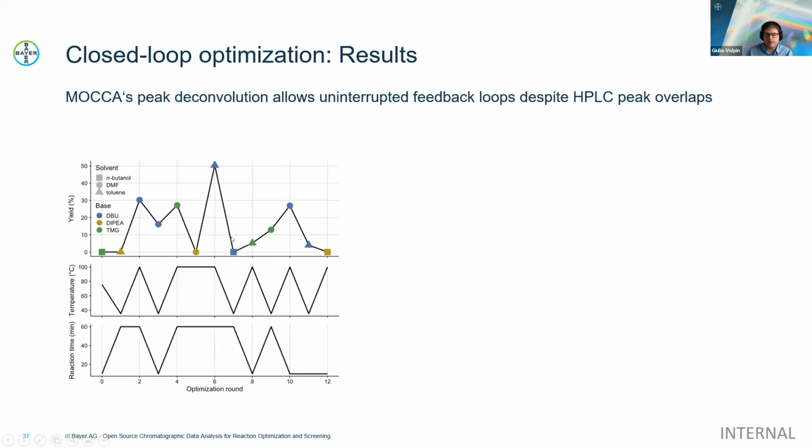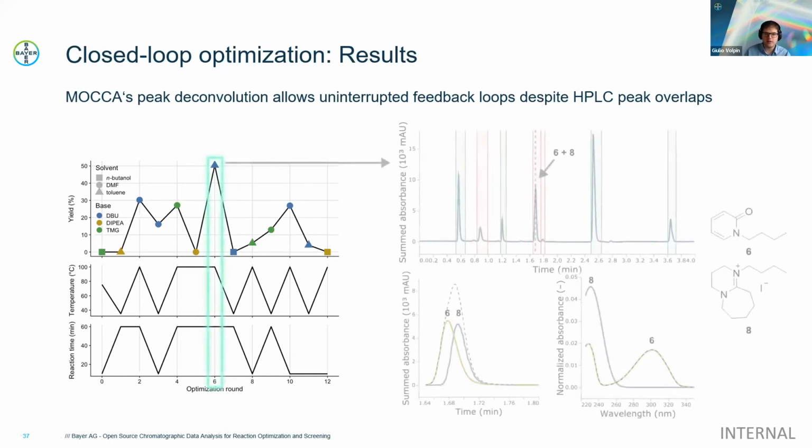And we could see by running this uninterrupted that the best conditions were identified with toluene as a solvent and DBU as a base. And this is interesting because this type of outcome is not immediately obvious if you look at the actual chromatograms that were collected overnight.